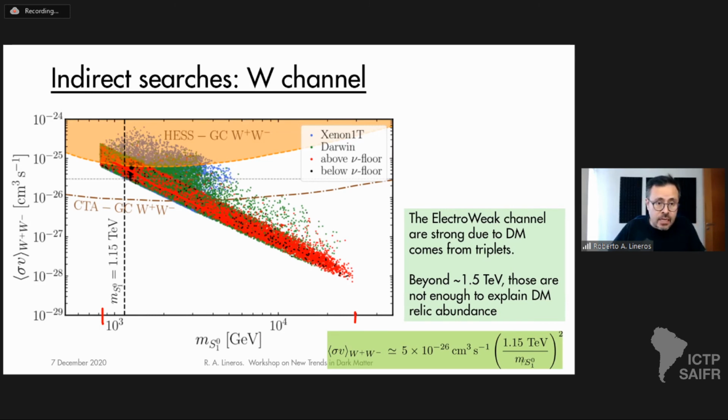Another nice thing about the model is that we are in a range potentially discoverable with H.E.S.S. I mean, H.E.S.S. is already pushing a constraint on this model, but for the near future it's going to be the CTA sensitivity line in the W channel. This is nice because it's a model that potentially could be observed with CTA.